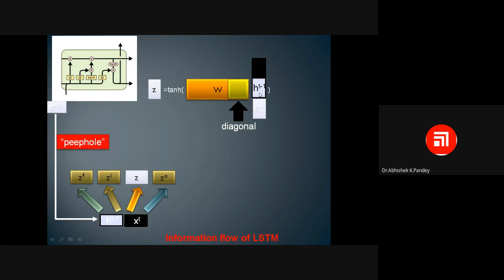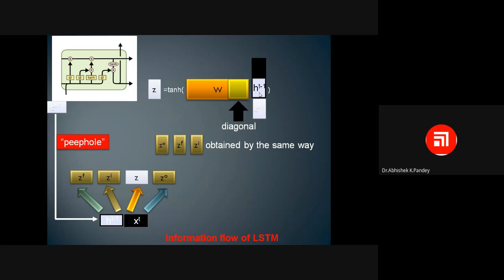So HT-1 represents the hidden state of the previous timestamp. Previous timestamp. So HT is the hidden state of the current timestamp.